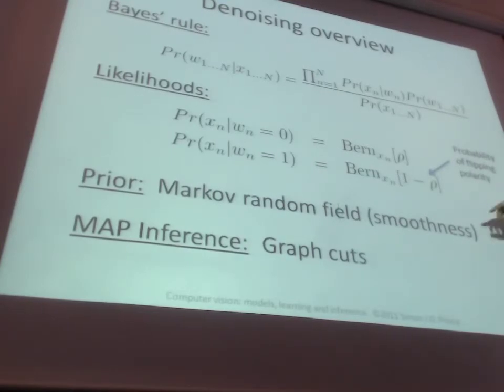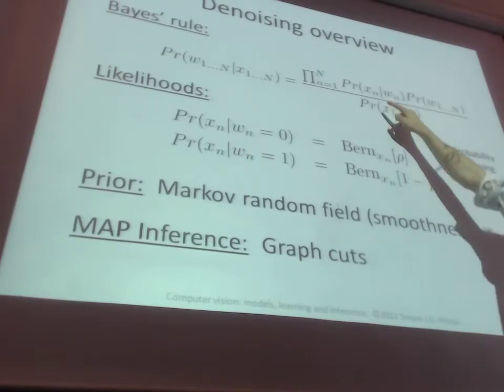So that's the probability of flipping the polarity of a given pixel. If rho is really just random, then that's going to be 0.5, and it means that pixels get randomly flipped, but maybe rho is some other number. It might be useful to learn that, to learn how your noise is working in this particular process. But we're not too worried about that right now. We're going to press on towards inference.